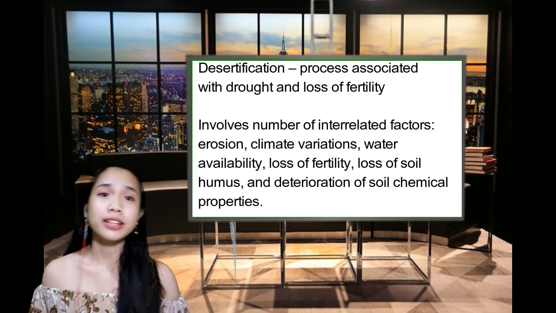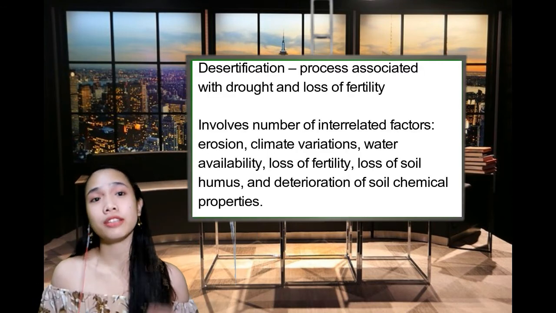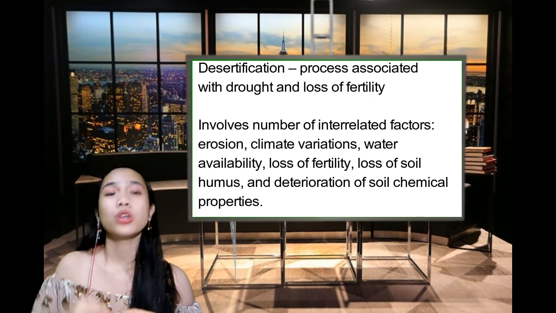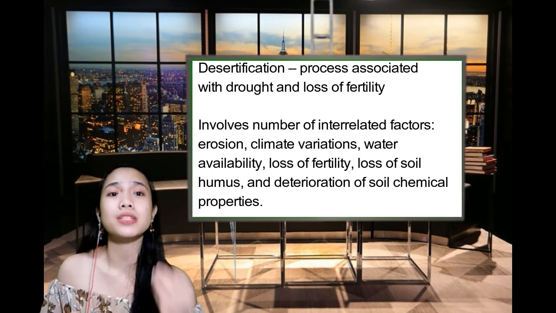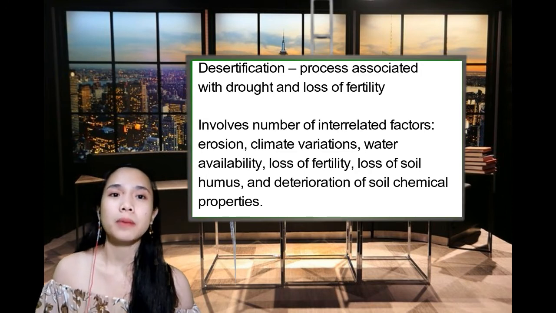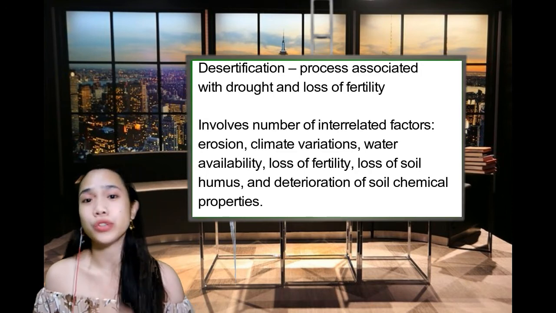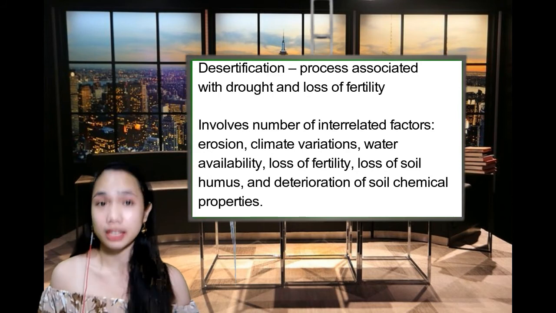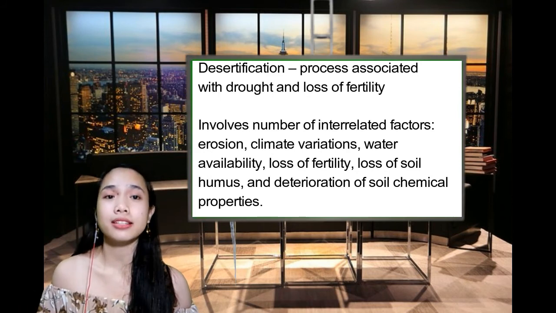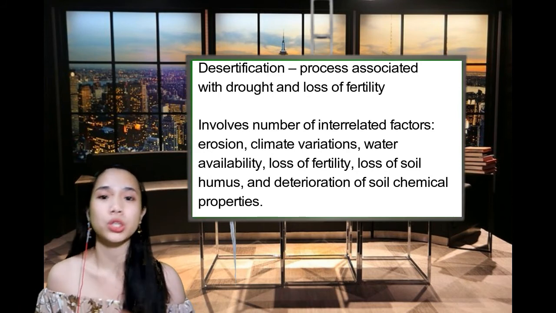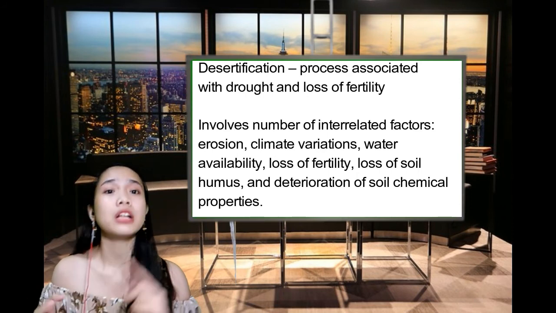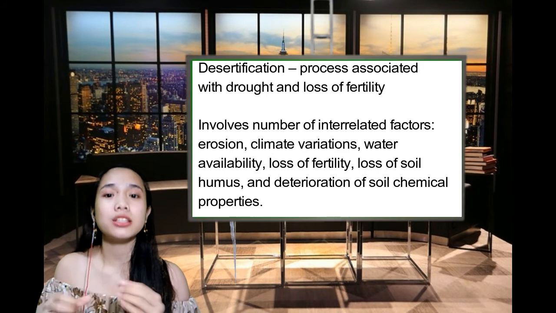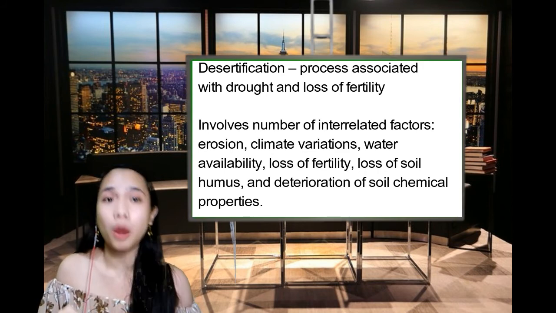So, we also encounter a problem called desertification, wherein you observe a fertile land becomes so dry that it becomes desert-like. And this is associated with drought and loss of fertility. So other factors that are interrelated with desertification are erosion, climate variation, water availability, loss of soil humus, and deterioration of soil chemical properties.